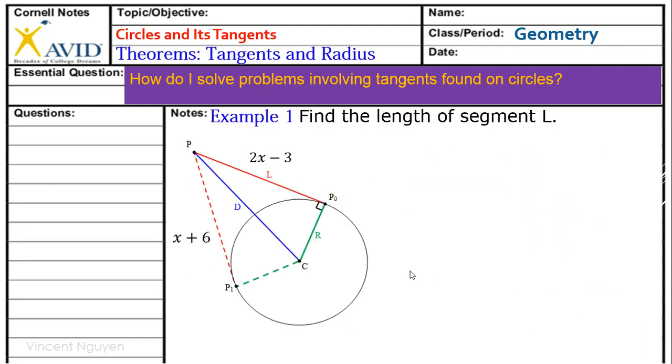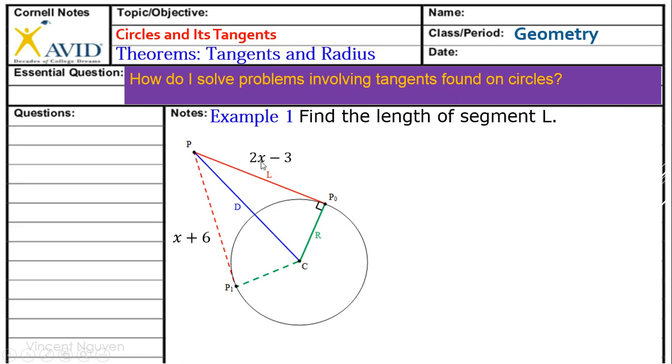Here's one example of that flashlight theorem. The two tangents are equal to each other. You can see these two red segments are tangent, and they both come from point P, which means these two segments are the same.